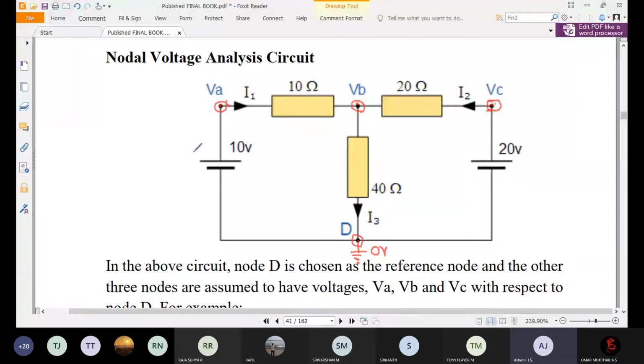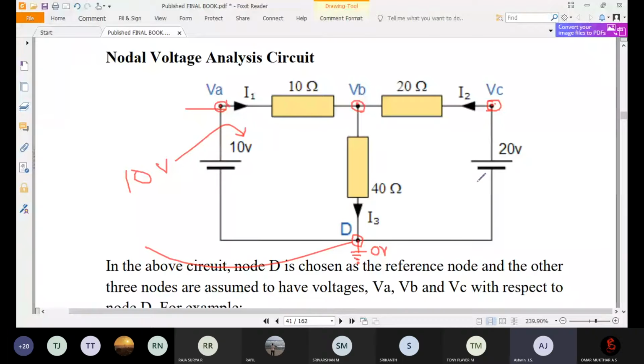And here they have given one voltage, 10 volt, and here it is 20 volt. Simply, can you tell what is VA? Node voltage 10, sir. Yes, exactly. If you calculate the potential difference between the two terminals, one terminal is here and another is here, the difference is nothing but the 10 volt available here.